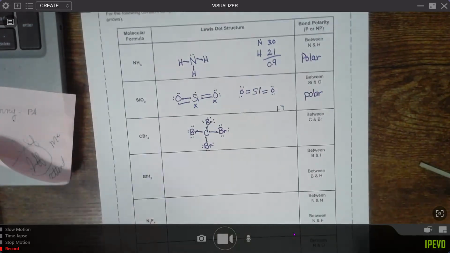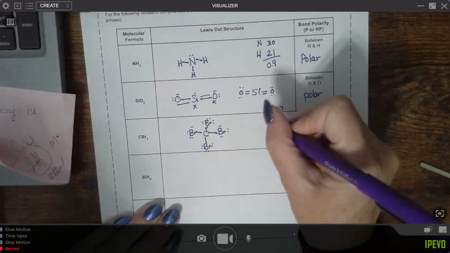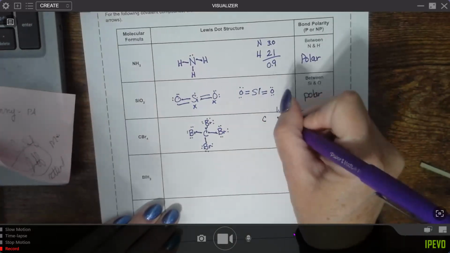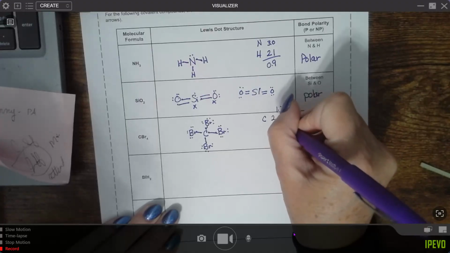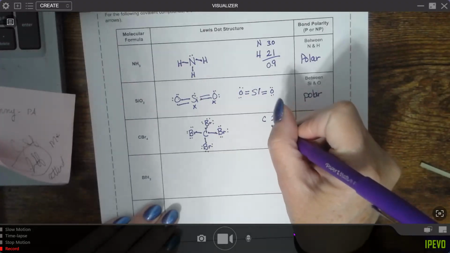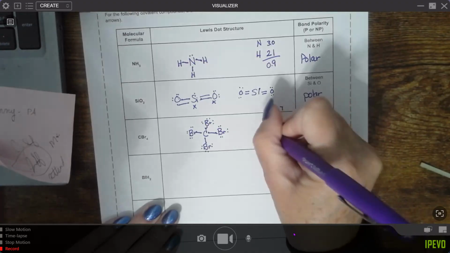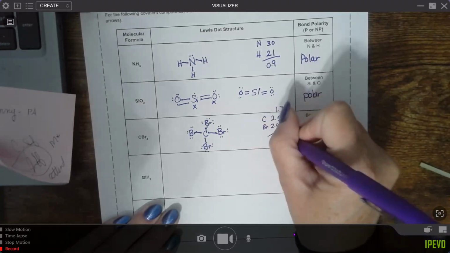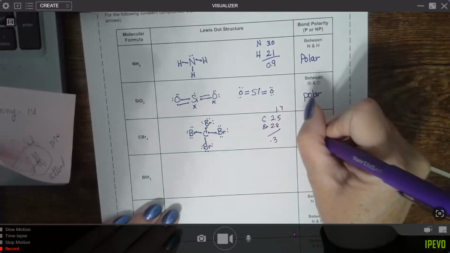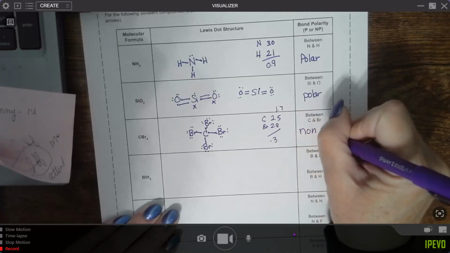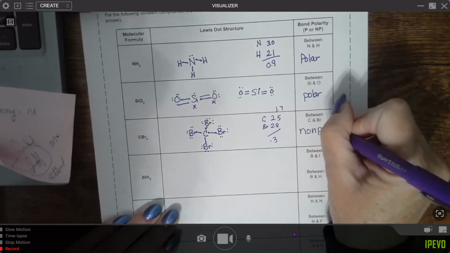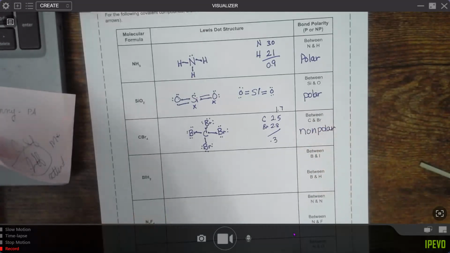Okay, so there's your Lewis structure. Carbon, we know, is 2.5. Bromine is 2.8. That's a difference of 0.3. So this is non-polar. All right.